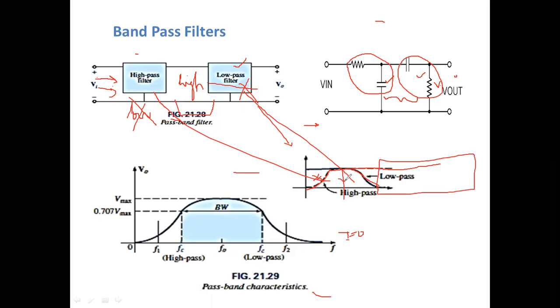Combining these two results we will get this band pass filter. This is the fc of the high pass filter, and this is the fc of the low pass filter. So this is the initial range of the band pass filter, and this fc of the low pass filter is the final range of the band pass filter.